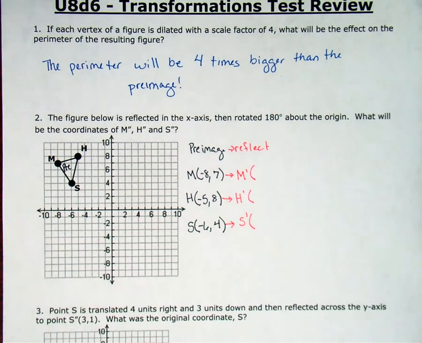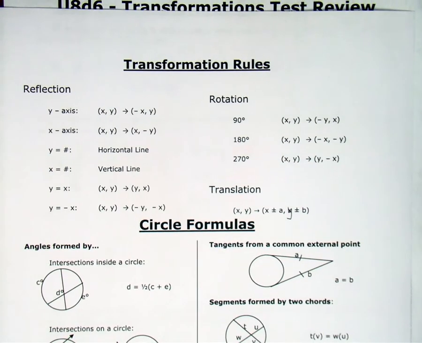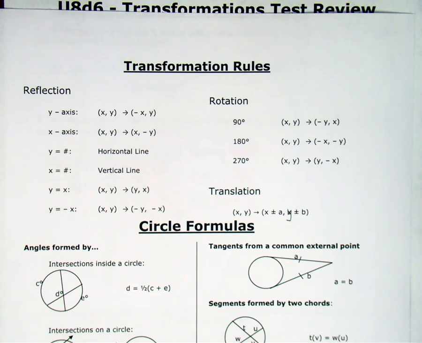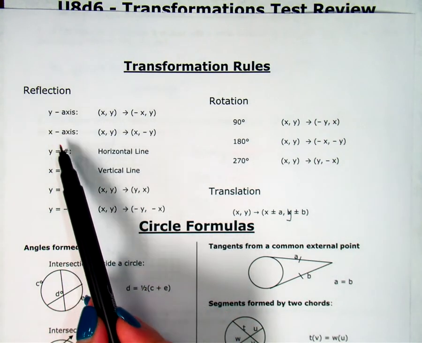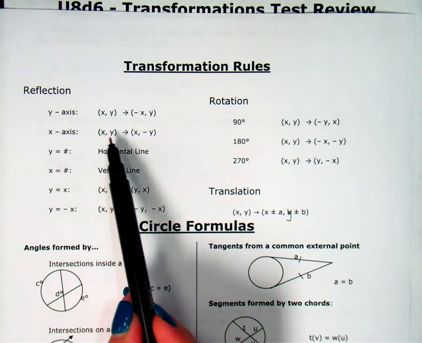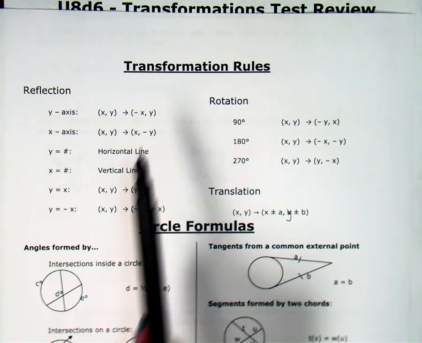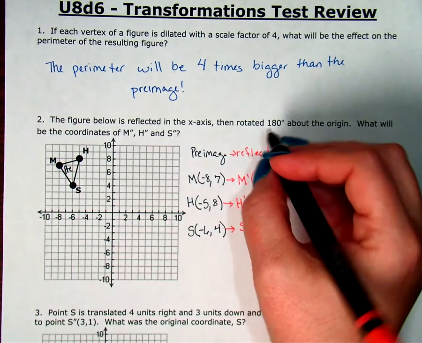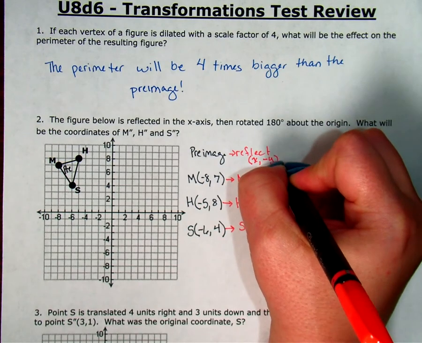Okay, if I forgot my rules for reflecting in the x-axis, then I'm going to pull up my transformation rules on my formula chart, which I happen to have here. You'll have access to them when you take the test. And I am reflecting in the x-axis, so my point is going to reflect to x and the opposite of y.